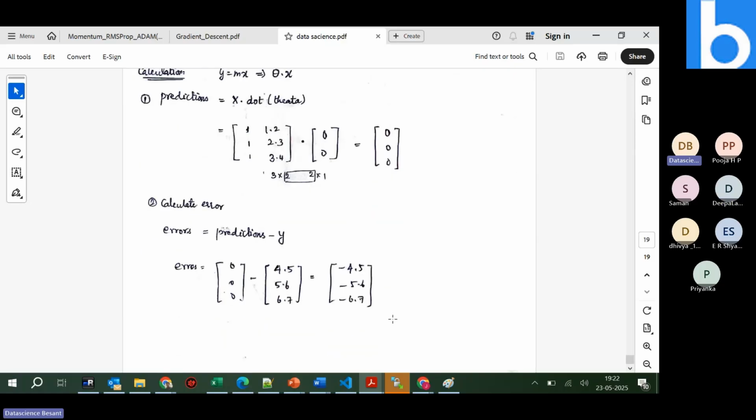So I should calculate how much is the deviation, basically the error, which I was telling in the MSE formula. Summation of i is equal to 1 to m, y minus y cap, the whole square, right? So the formula for error is y cap minus y, or you can write y minus predictions. Anything works out, not a problem. So the predictions is the output of the first step, 0, 0, 0.